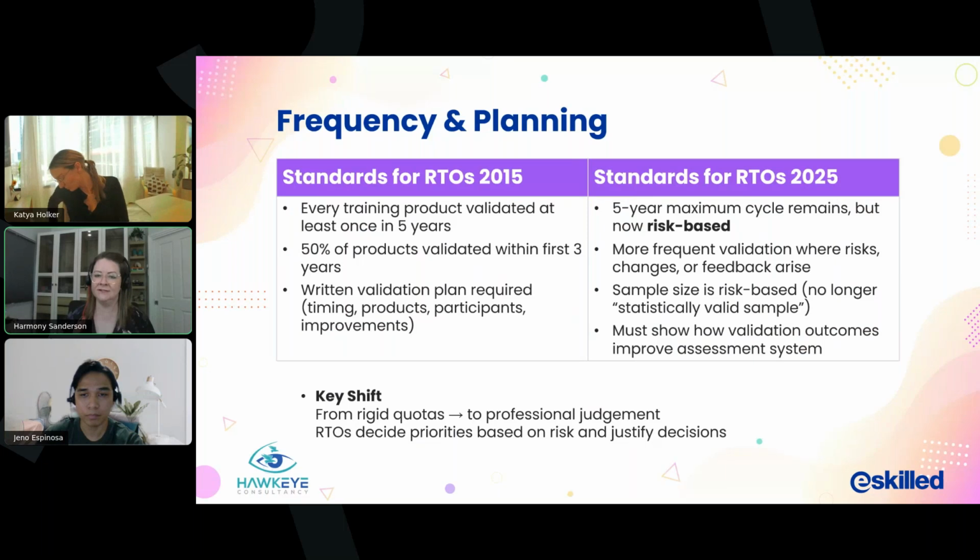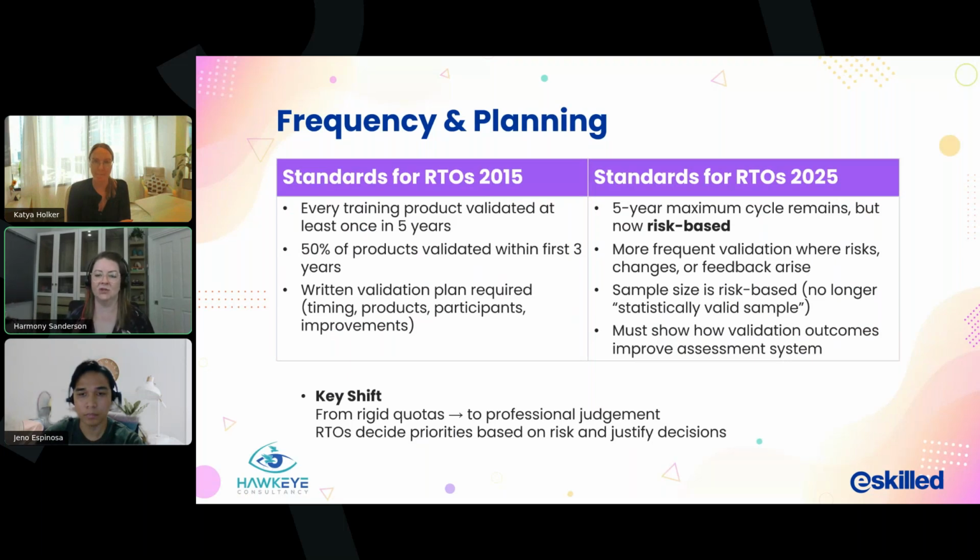Under the new standards, the maximum 5-year cycle remains, but the approach is now risk-based. RTOs must conduct validation more frequently where risks, product changes, or stakeholder feedback indicate that it's needed. The sample size for validation is also risk-based, but there's no longer a reference to a statistically valid sample.